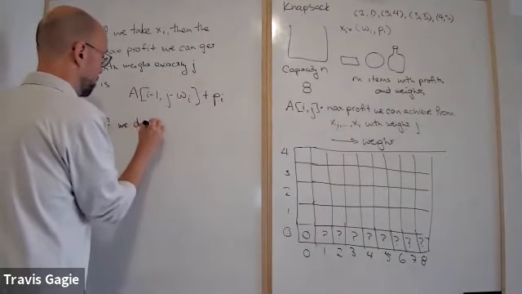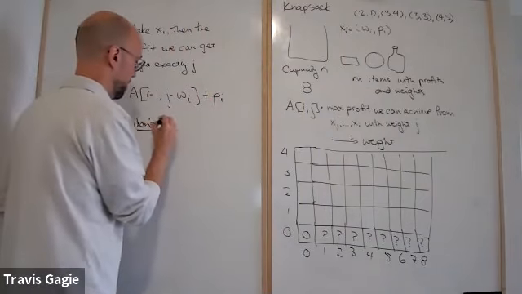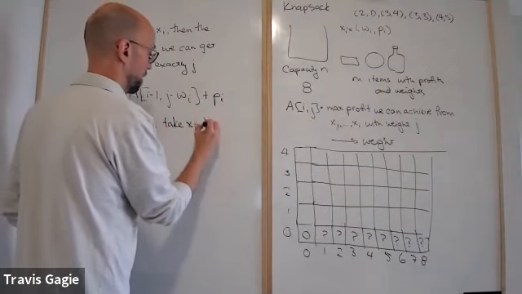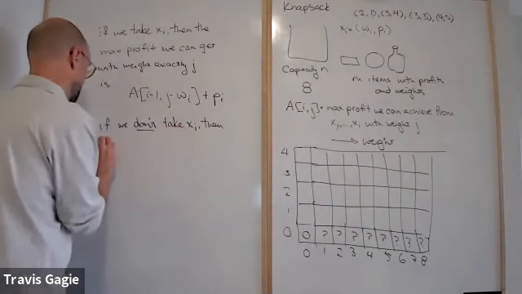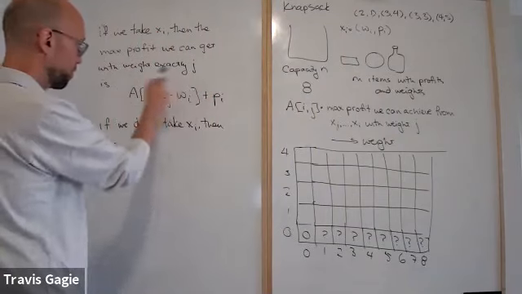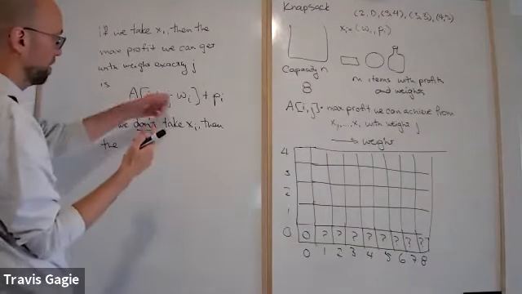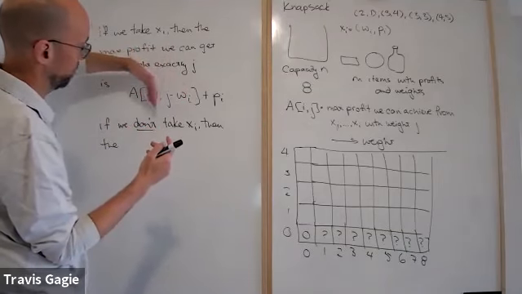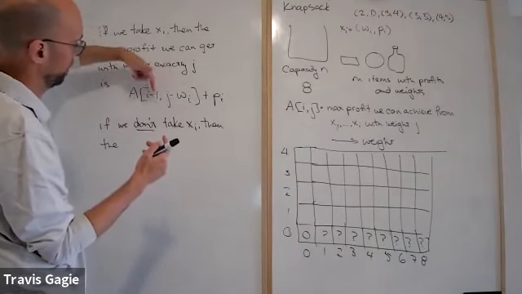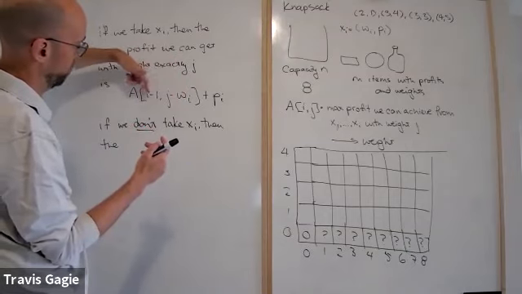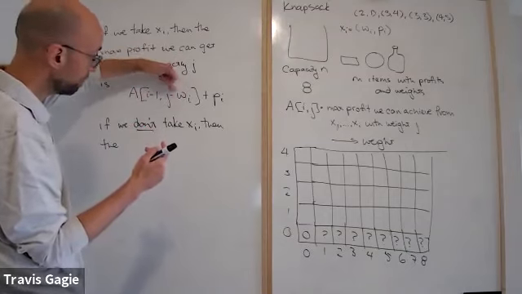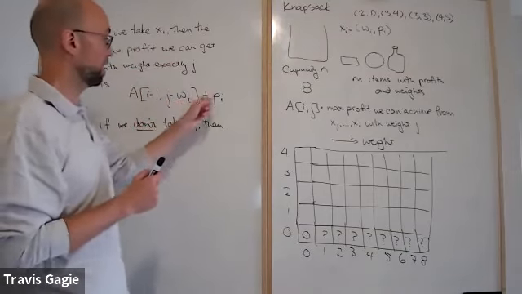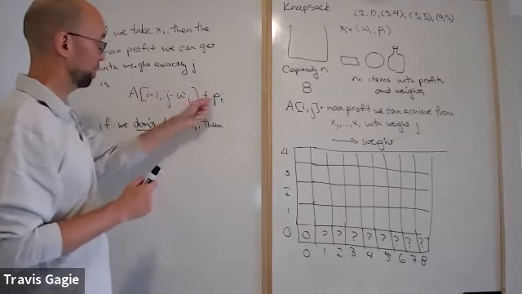If we don't take xi, then the maximum profit, so this is defined as the maximum profit we can get taking some subset of x1 through xi minus 1, achieving this weight, and then when we take xi, we get weight exactly j, and we get this plus pi.